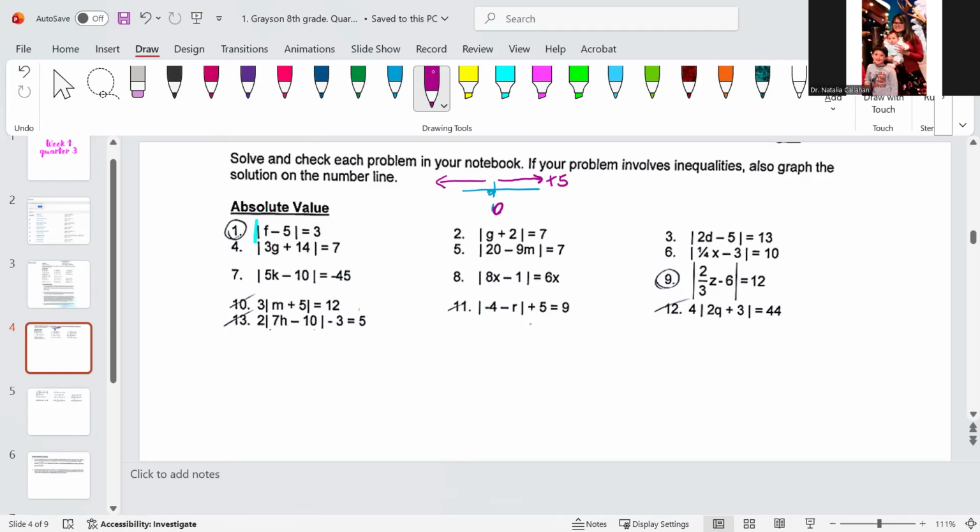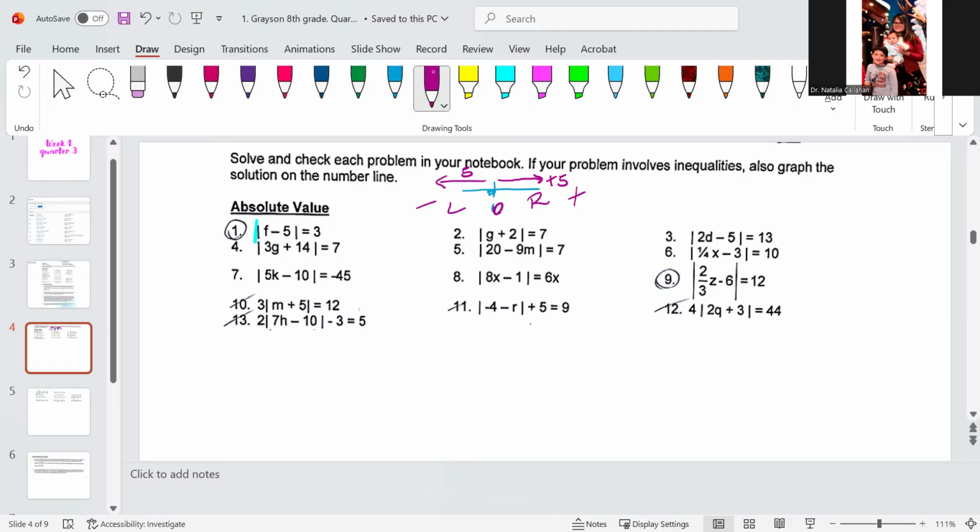If I go to the left 5 steps, it's still 5 steps. Do you understand? So absolute value is distance from 0. One is going to be to the right side, the other one is to the left side. It's just distance from 0. So there are two different versions of it, one from the positive, one from the negative. But both of those answers are acceptable because it's distance. It's not positive or negative.